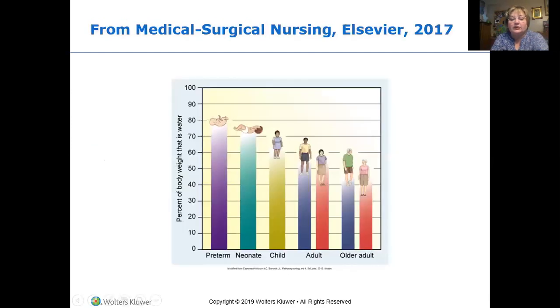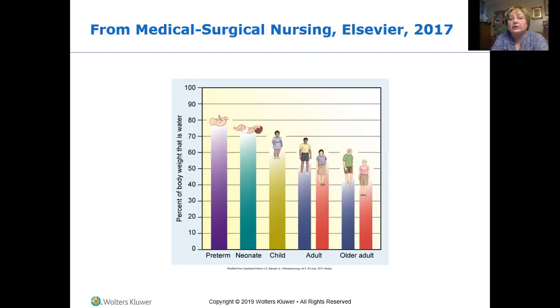So that is showing you that in a preterm baby, almost 80% of the composition of the body is water. For the neonate, a newborn, it's about 70%. As you age, you are less and less made of fluid, less body fluid based upon weight.